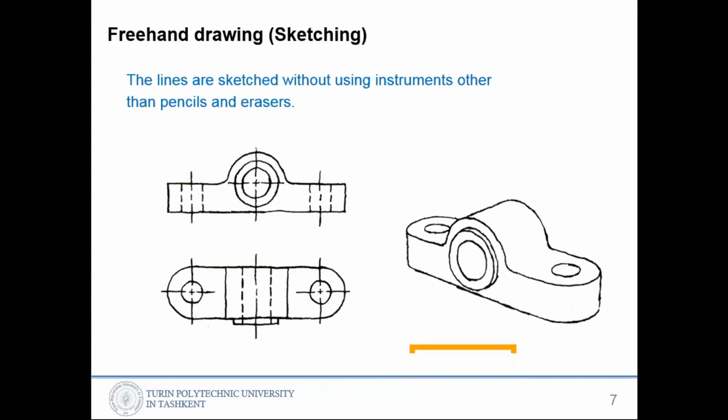But when you have no time, no place, no desk, no lighting, no comfortable place to draw, you just draw freehand in some standing position, and show your idea to your friend or to the engineer. Usually we use this one in the shop floor, in the factory.